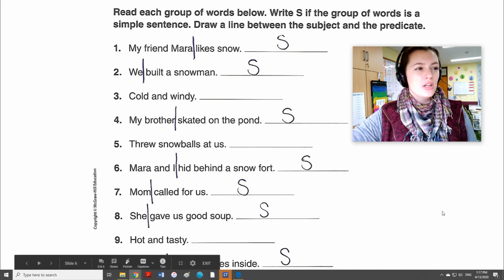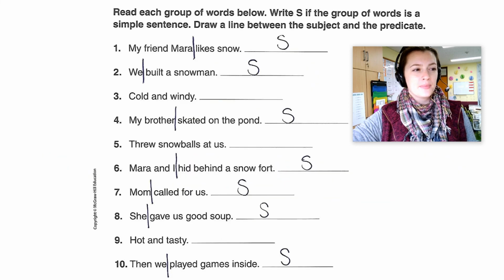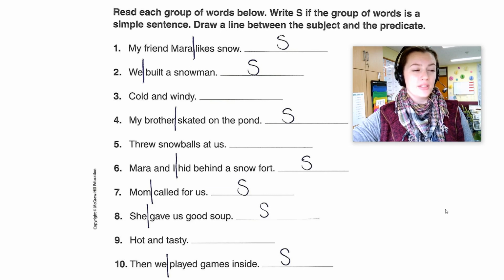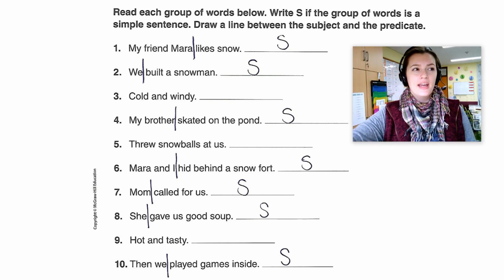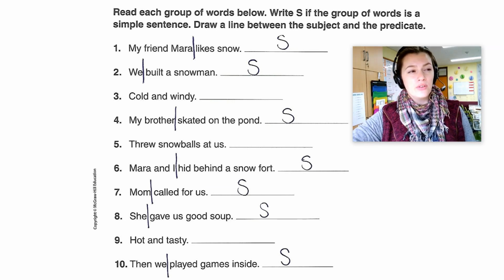Number eight, she gave us good soup. Number nine is a fragment, but number 10 is a simple sentence. Let's read it. Then we played games inside. Make sure that you divided the sentence correctly and you wrote S for simple sentence. Pause your video if you need to fix your work.